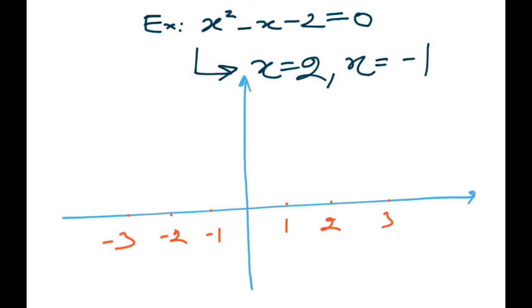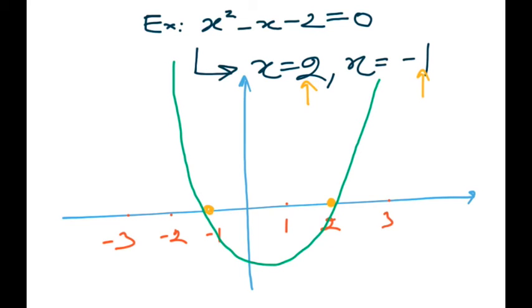This graph will intersect the x-axis at -1 and +2 because these are the roots. So it looks something like this. So this is all about roots and zeros.